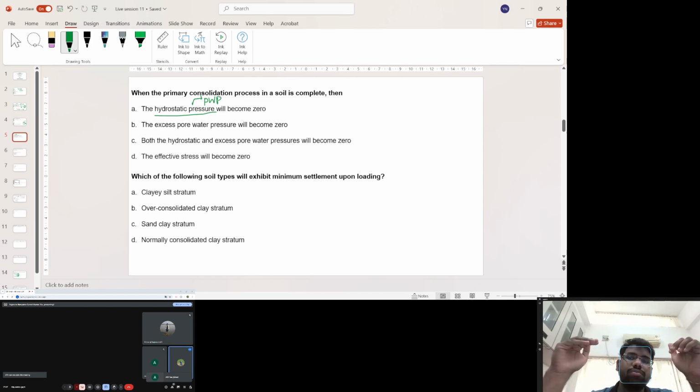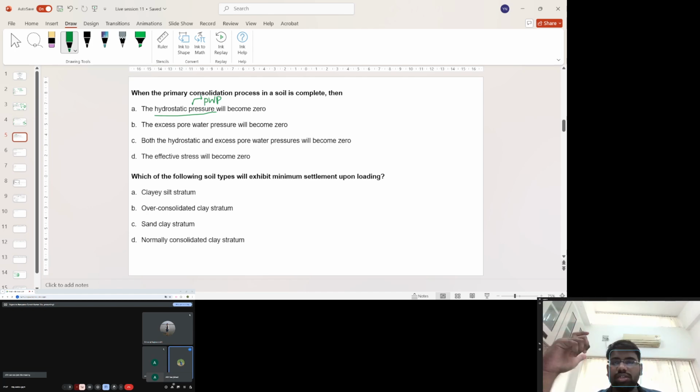There will be some initial pore water pressure that existed before the application of load, that will remain there, but due to the application of load, an excess pressure will be developed, and based on the drainage conditions, that pore water will expel. So only the excess pore water pressure will become 0, and effective stress will never become 0.